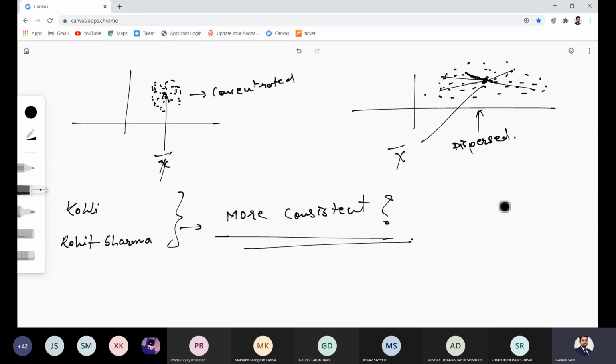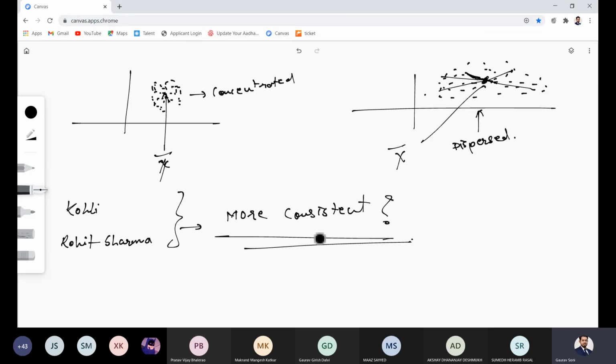How will we calculate who is more consistent? We'll find out the mean, and I will see whose runs are nearby the mean. If one of the players is always in a given smaller range of runs, then he is more consistent. If he is getting diverse, sometimes scoring more than 50 and sometimes getting out at 0, then he is not so consistent.